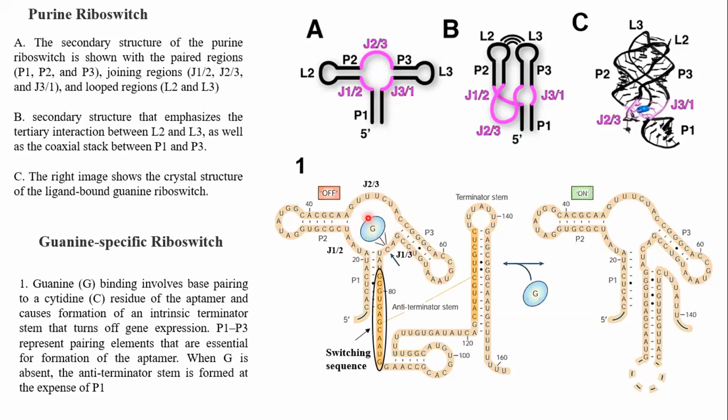If you see the adenine riboswitch from the same family, a different nucleotide interacts with adenine. Because if you see the structure of guanine and adenine, they have almost a similar structure, with only a slight difference. Even that slight difference can be sensed by this riboswitch.